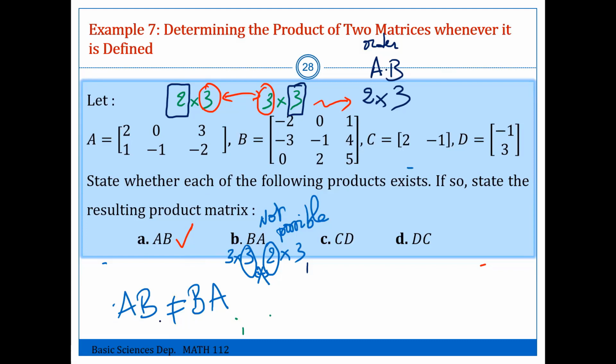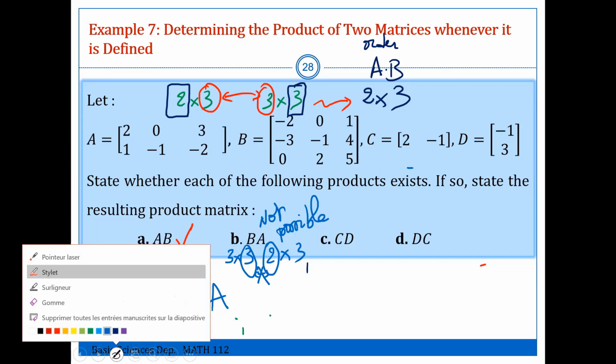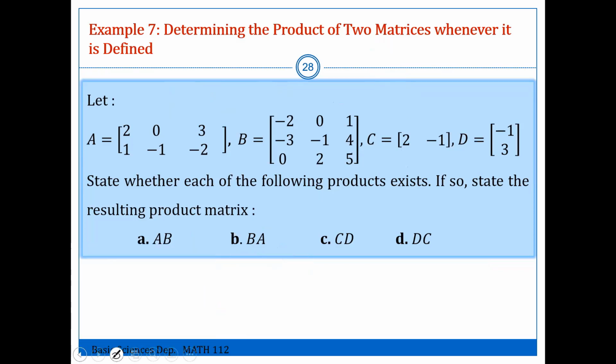So in multiplication of matrices, the order is important. If you change them, it is wrong. You may get no result or different results. So be careful. The order is very important. The multiplication of matrices is not commutative.